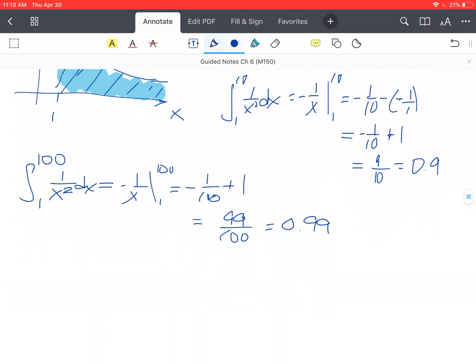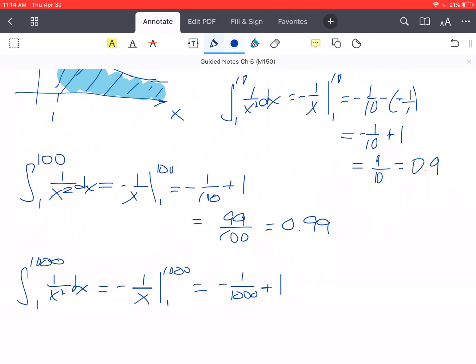Okay, and let's do one more. Integral 1 to 1,000 of 1 over x squared dx. Antiderivative, negative 1 over x, evaluated 1 to 1,000. So that's negative 1 over 1,000 plus 1, so that's 999 over 1,000, which is 0.999.